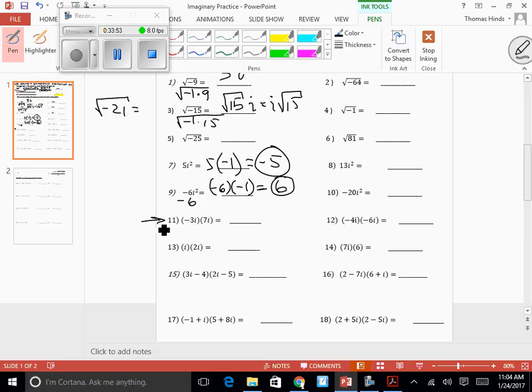The 3 and the 7, I saw some people do this. They got a negative 21. Yes, that's how you do it. The I and the I make I squared. I'll put in the I squared first. Take a look at that. See if you're confused. And then the last part, I squared is the negative 21 times a negative 1.